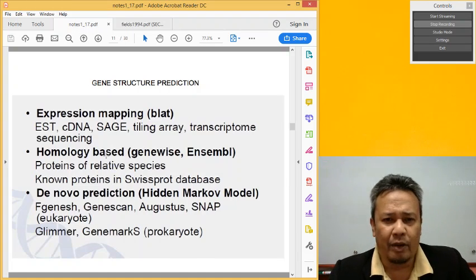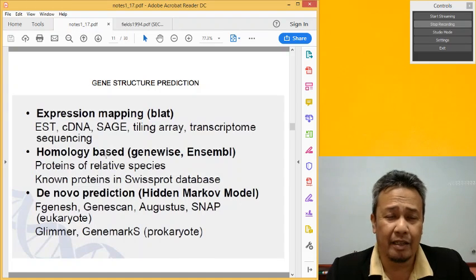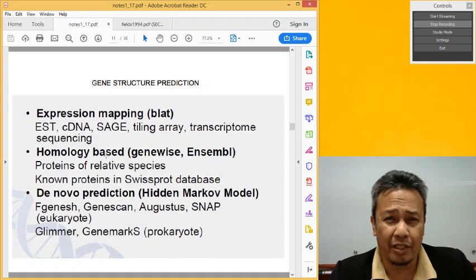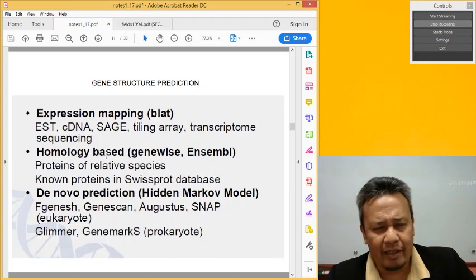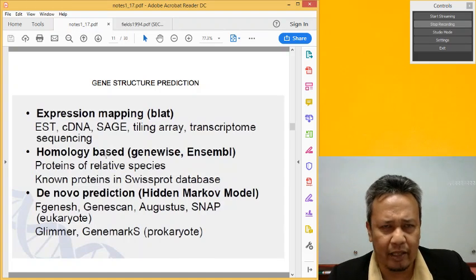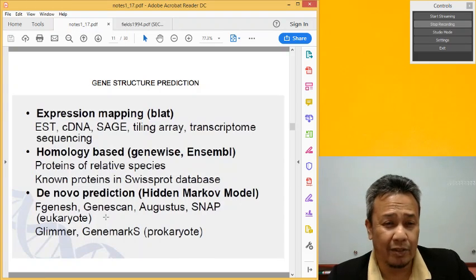Other than that, at that time, when the information in genome databases was quite limited, they had to rely on prediction, and various algorithms, calculations and extrapolations were made, and they came up with different software applications, for example, FGENESH, GenScan, Augustus.